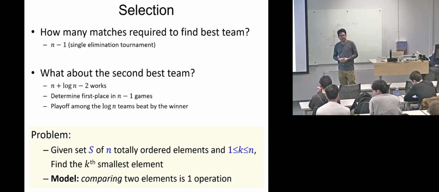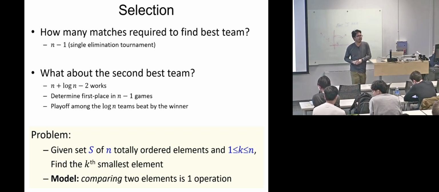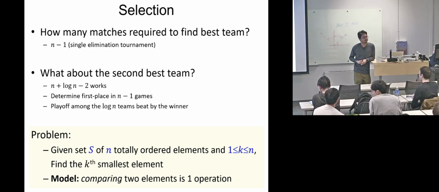Can we do better? Couldn't you just repeat the algorithm from above, and that would never be higher than O of n, because you're doing n plus log n, and then another log n to find the third worst guy?